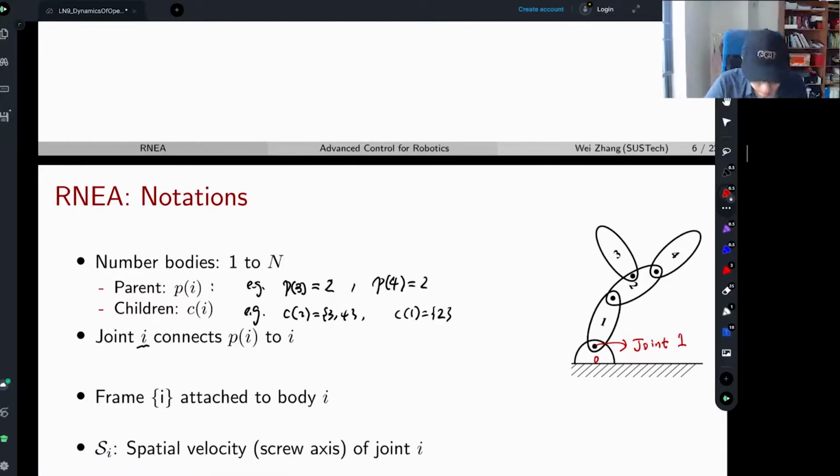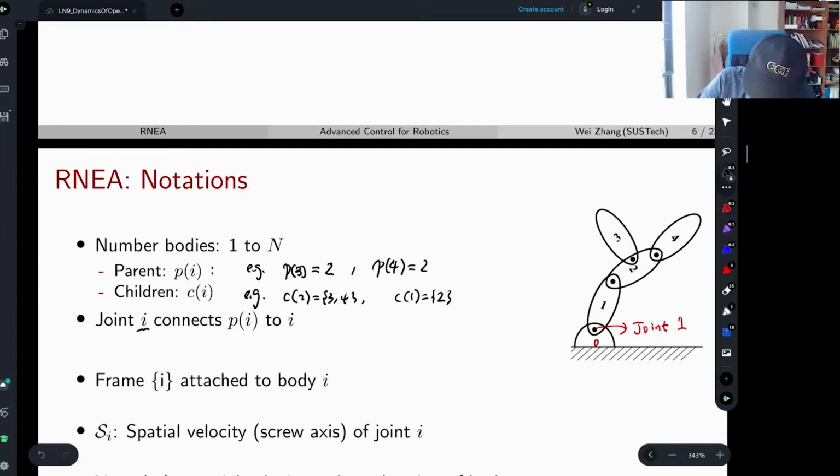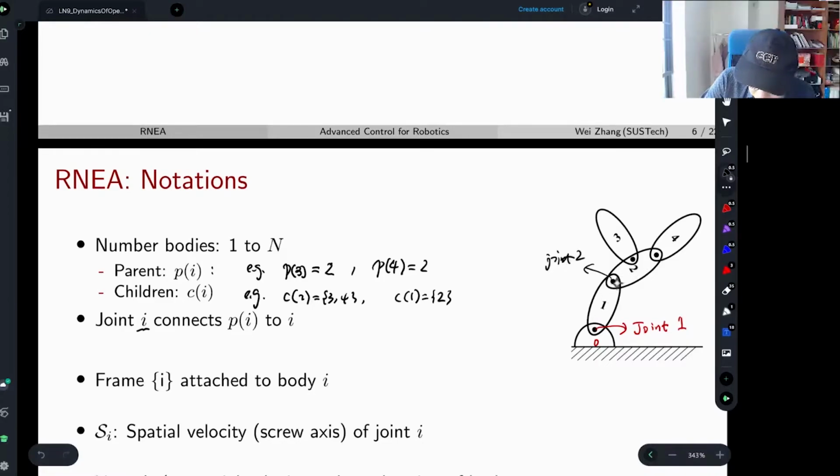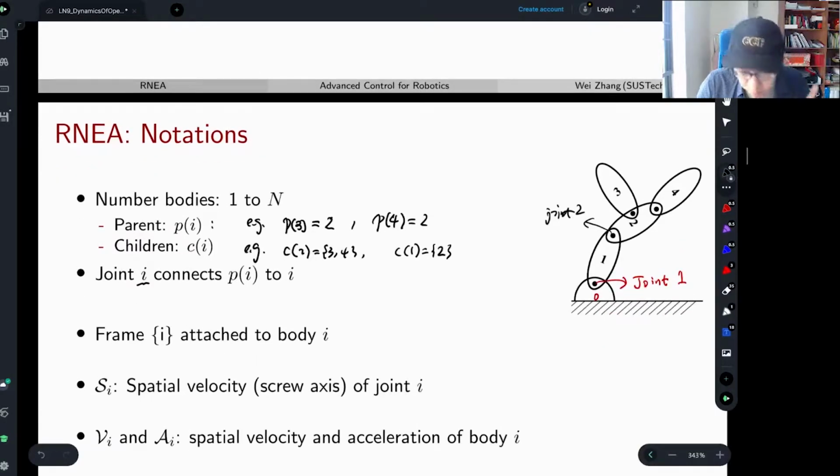We are trying to make sure we are on the same page, okay? This will be my joint 2. Let's connect the parent of 2 to body 2. Okay, that's good. And we attach a frame to body i at the joint, typically at the joint.